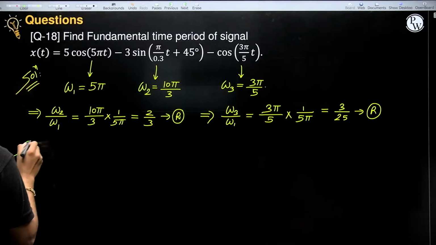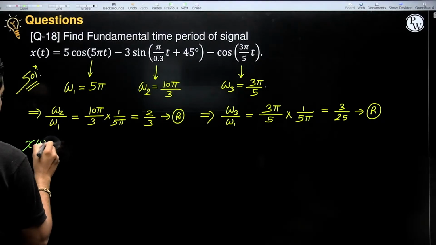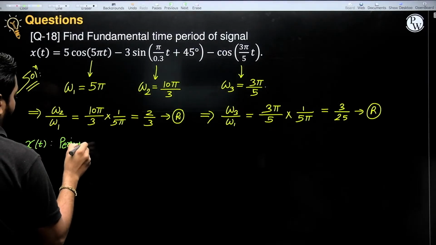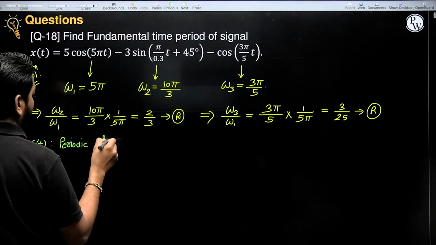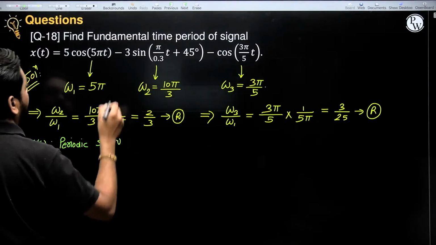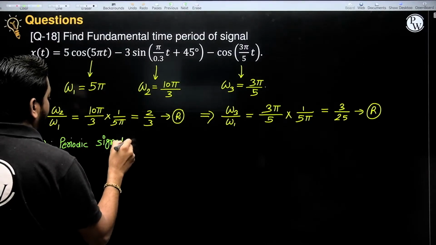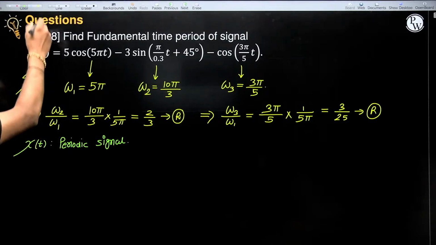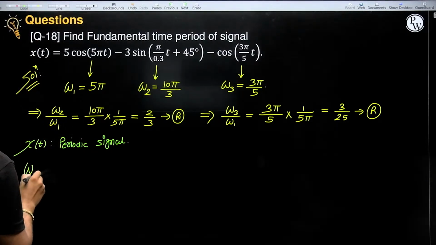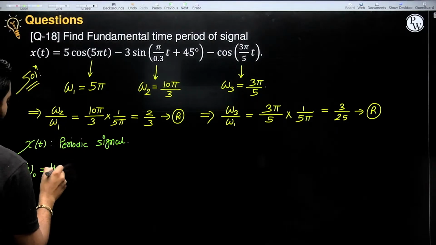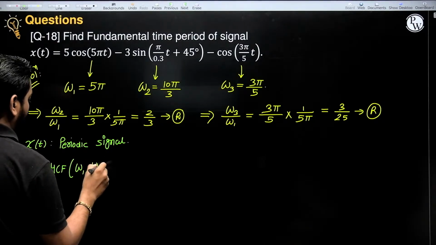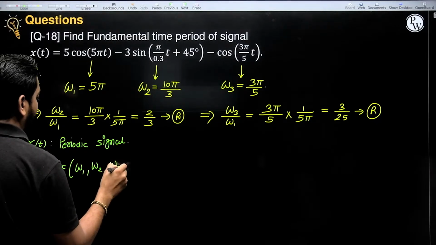X of t is said to be a periodic signal. Correct? What is the fundamental frequency? The fundamental frequency is given by the HCF of omega 1, omega 2, omega 3.